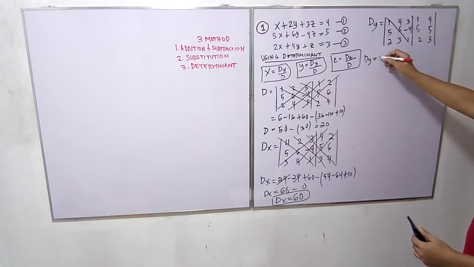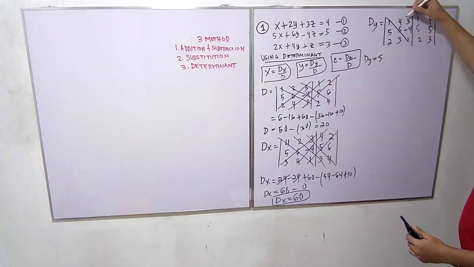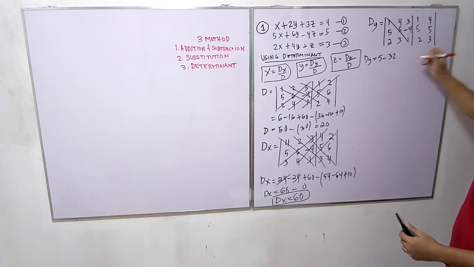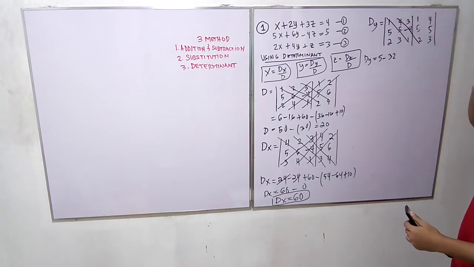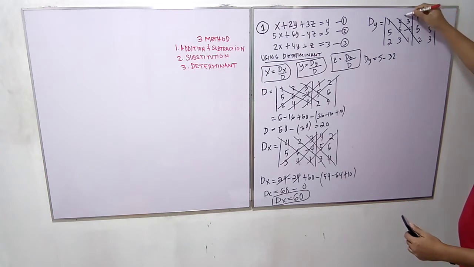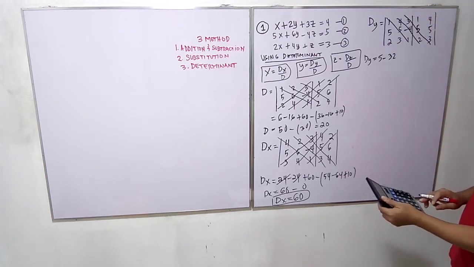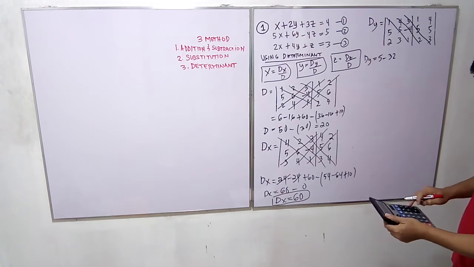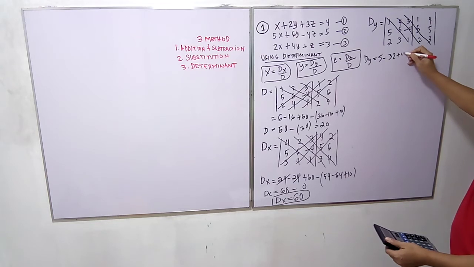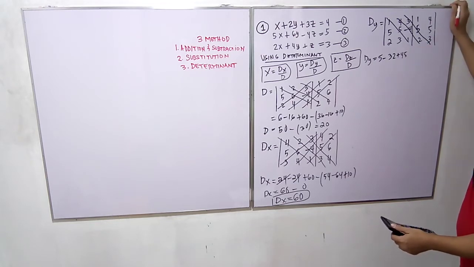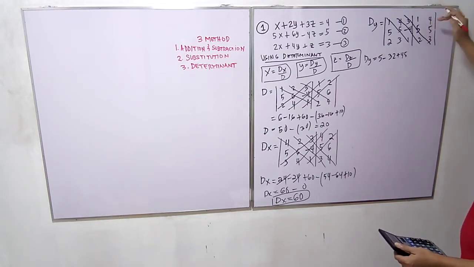Okay na, no? Therefore, dy equals to, unahin natin to. 1 times 5 times 1 is 5. 4 times negative 4 is 16 times 2 is negative 32. Double check. 4 times 4, 16. 5 times 3 times 3 is 45. So, plus 45. Okay, double check, no?